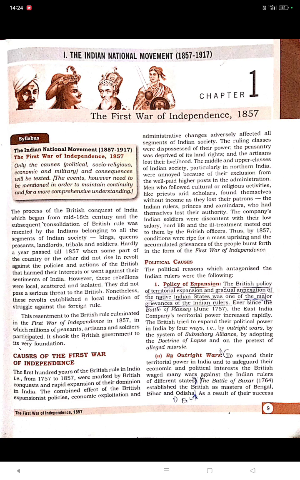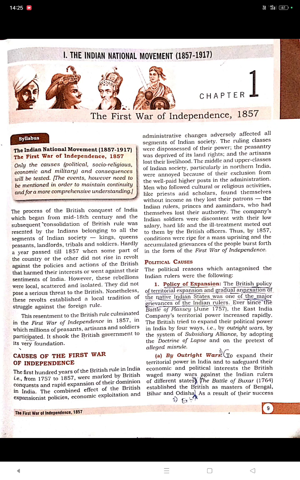They burst out because of ill treatment, low salary, hard life, administrative changes, expansionist policies, and economic exploitation. Zamindars and princes lost their authority. All this burst out among our people of India. So it is called the first mass uprising, and it paved the way for the modern national movement. Let's see the political causes.